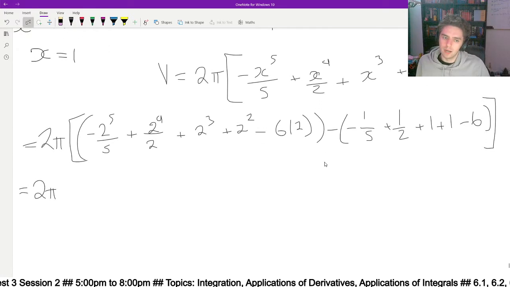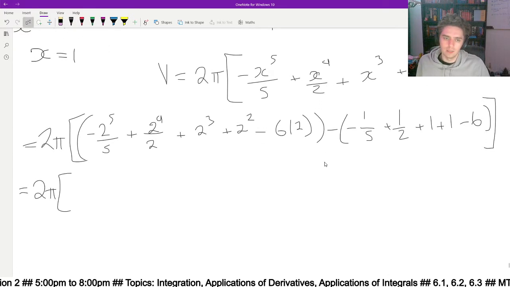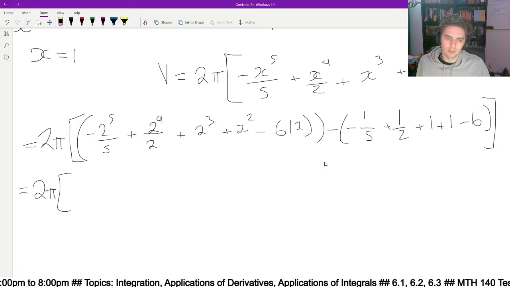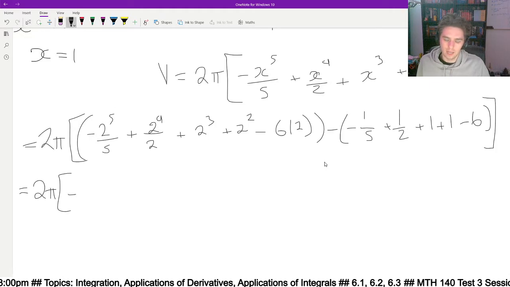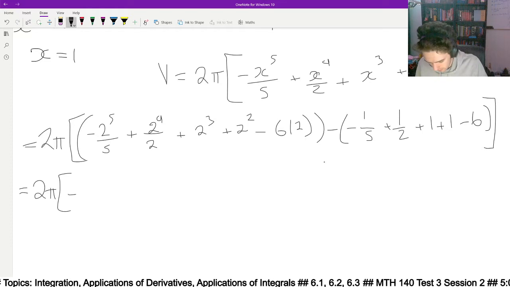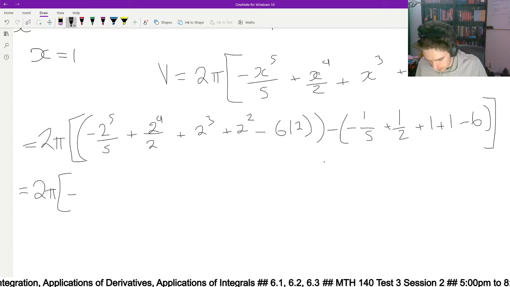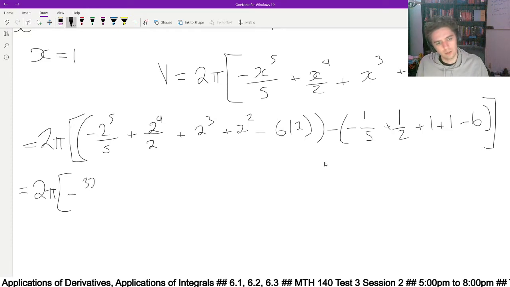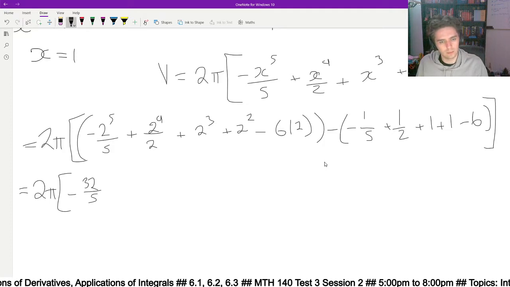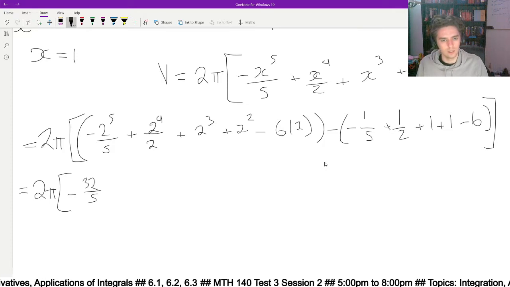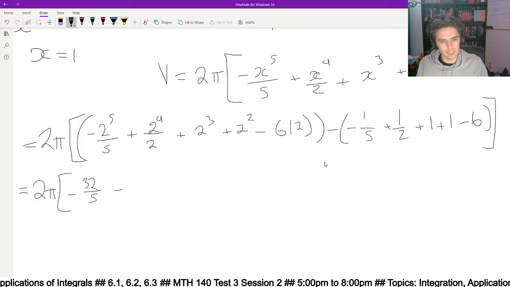So 2 pi times, now, it's an odd exponent, so it's still going to be negative. And now 2 to the power of 5 is 32, so negative 32 over 5. Even exponent, so there'll be 16 over 2, so 8.